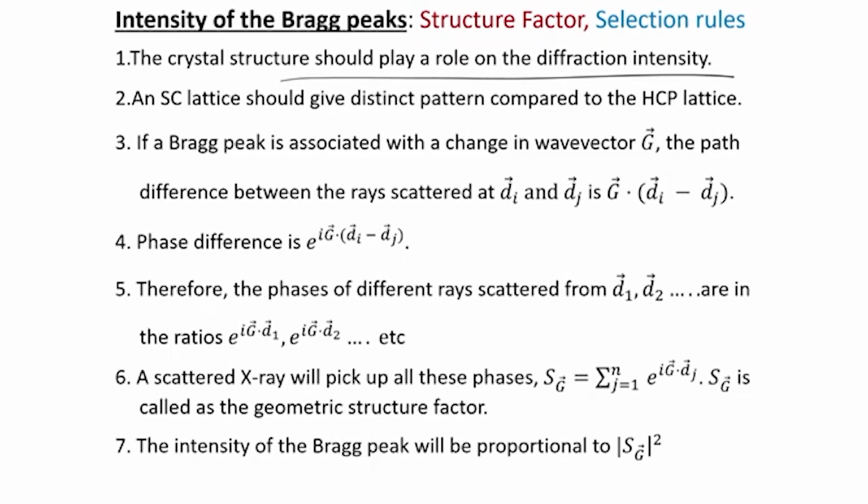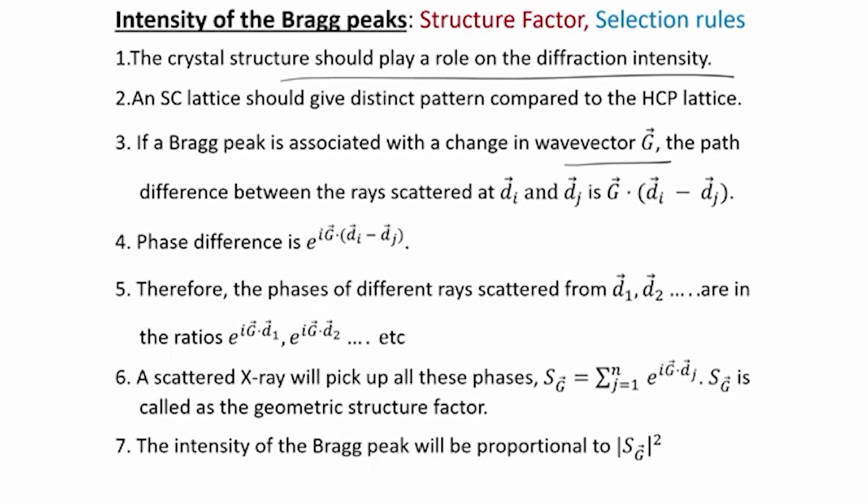And so, as I said, a simple cubic lattice should be distinct from an HCP lattice or from a zinc blende structure and so on. So, suppose there is a Bragg peak that is associated with a change in wave vector g, which is the Bragg condition or the von Laue condition.